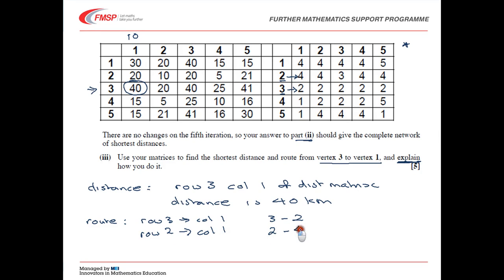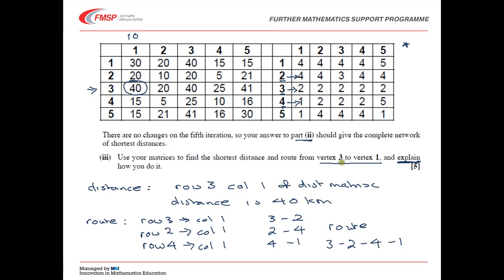So we've now moved from 2 to 4, and we're now at 4, and we go from 4 into column 1, that takes us to 1. So we're going row 4 to column 1, and that takes us from 4 to 1. So our actual route has taken us from 3 to 2 to 4 to 1.